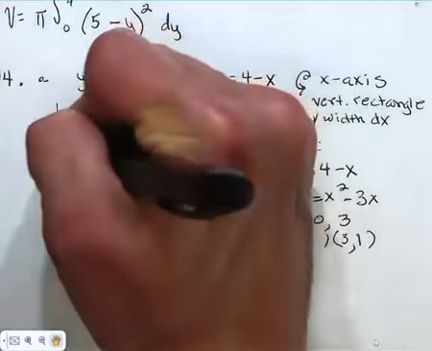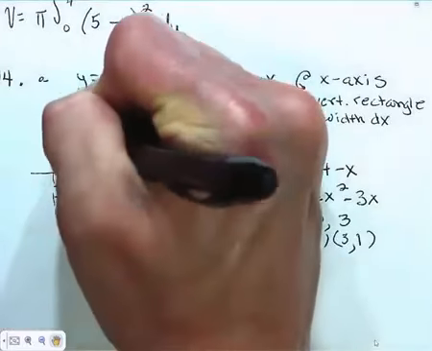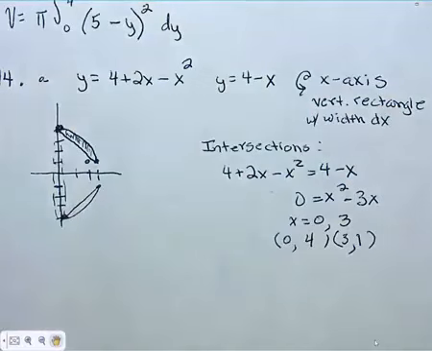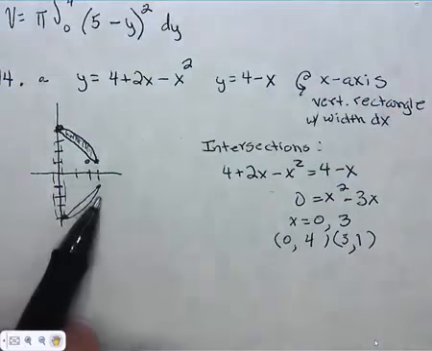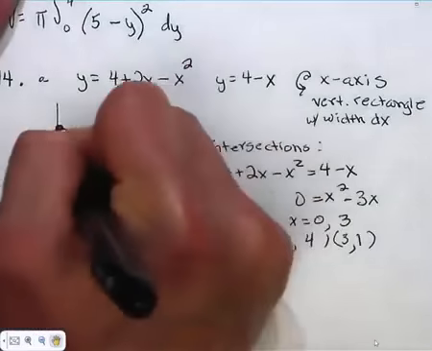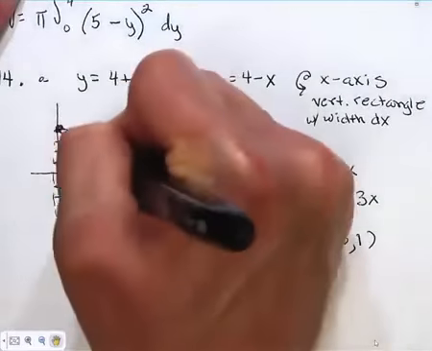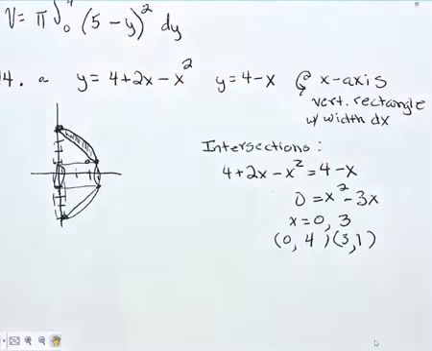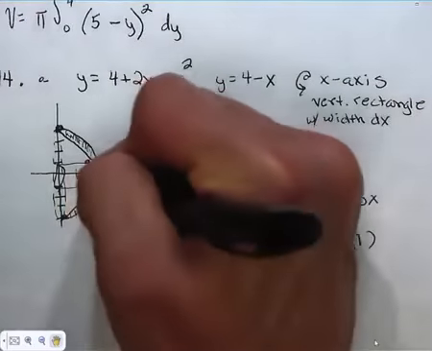So you're going to have this dish-shaped thing that has a hole in the bottom because those two pieces don't meet. That's the best three-dimensional object I can draw.